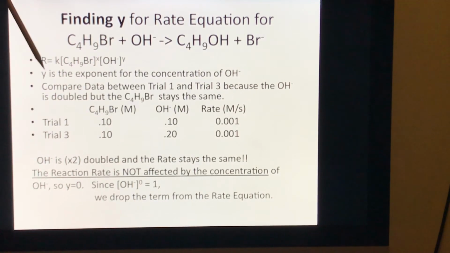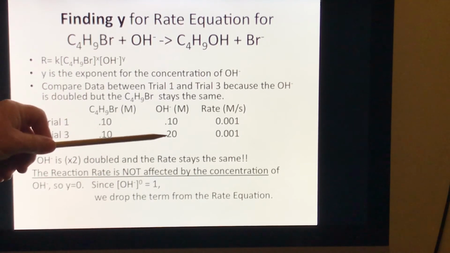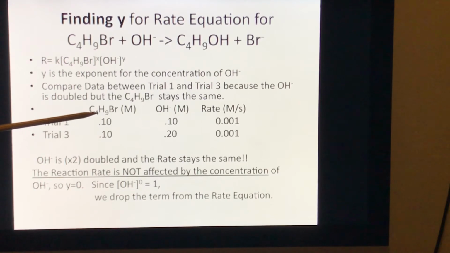So Y is the exponent for the concentration of these hydroxide ions. In this case, we're comparing data between trial 1 and 3, because here the hydroxide ions are doubled, but the C4H9Br stays the same.